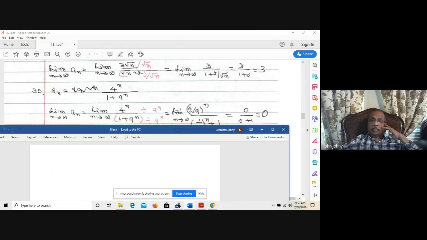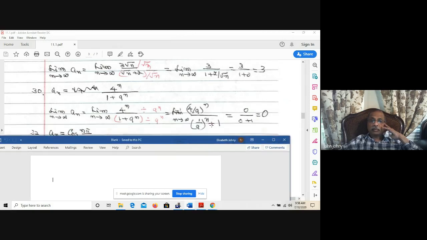So the numerator is 4 over 9 to the power of n, the denominator is 1 over 9 to the power of n plus 1. 4 over 9 is a number between 0 and 1. So 4 over 9 to the power of infinity is 0. 1 over 9 also is a number between 0 and 1, so 1 over 9 to the power of n also is 0. So it is 0 divided by 0 plus 1, which is 0.